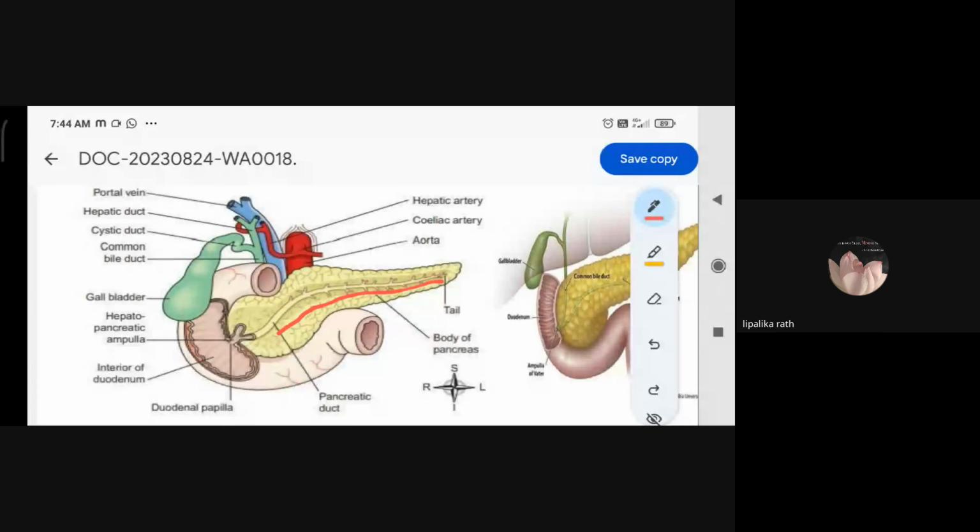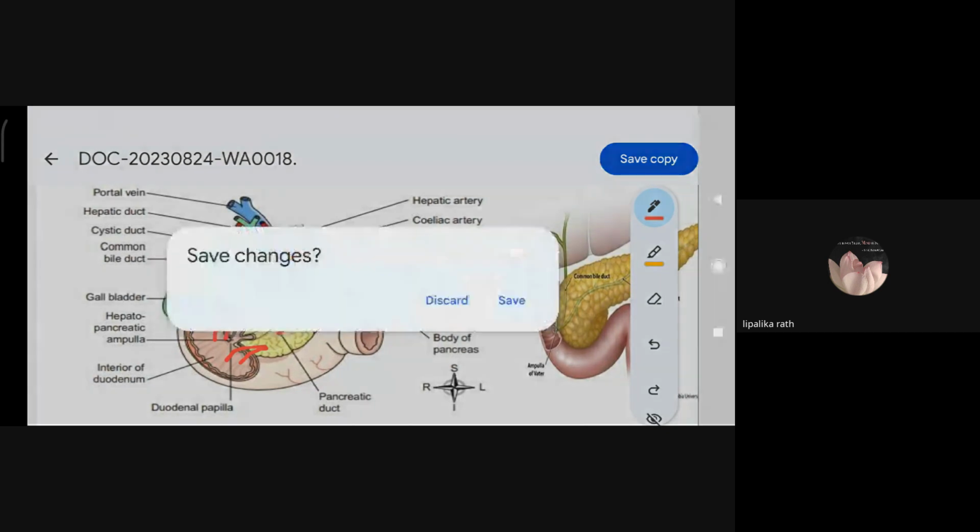So this collecting duct is collecting pancreatic juices from the cells of the pancreas, and here you can see that the pancreatic juice is entering the small intestine or duodenum, right? Here pancreatic juice is entering the duodenum.